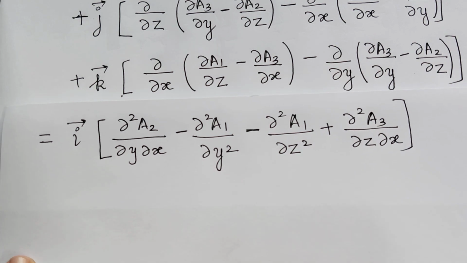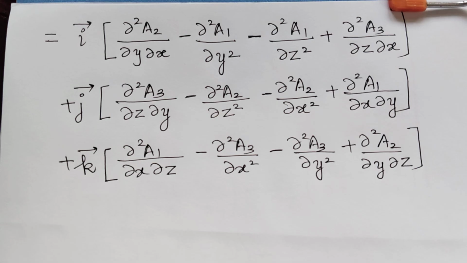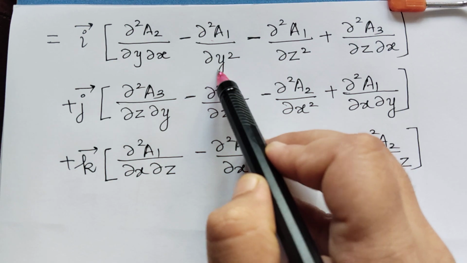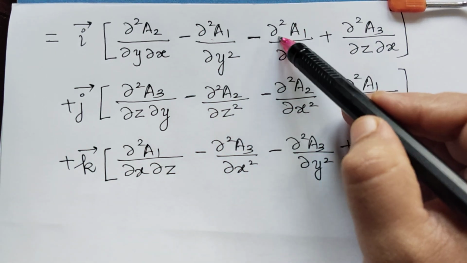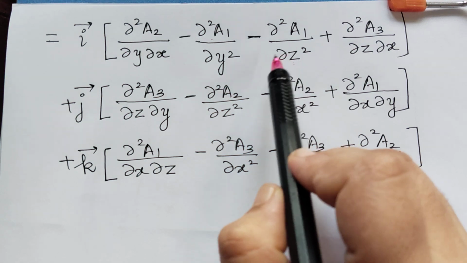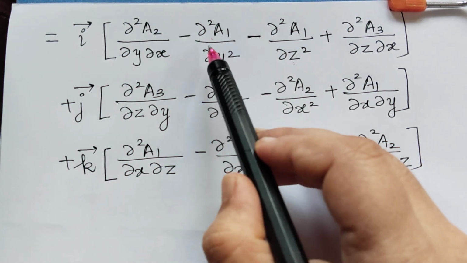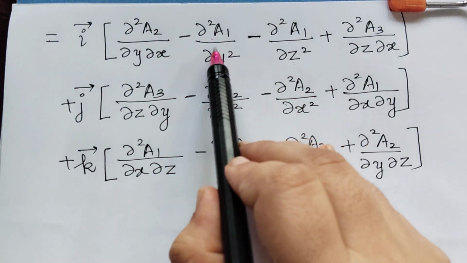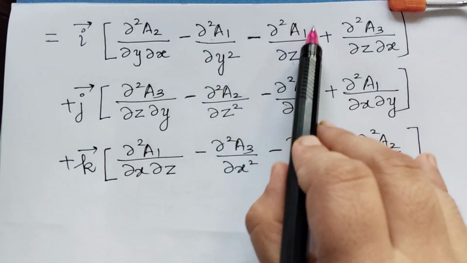And after doing so, this is what we get. Now if you see in the first term, we have dou square a1 by dou y square, and dou square a1 by dou z square. So in order to make it cyclic, if we have dou square a1 by dou x square with a negative sign, it will be easy for us to combine the terms and write.